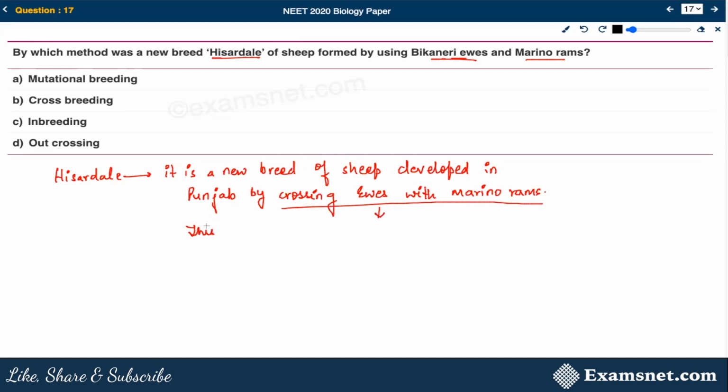So this is actually a category of crossbreeding where the superior male of one breed is actually mated with the superior female of another breed.